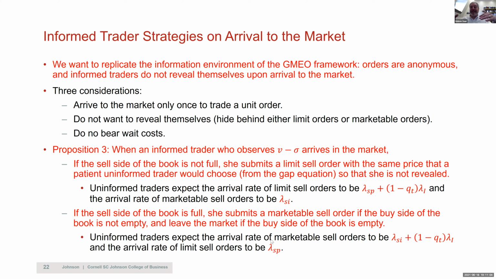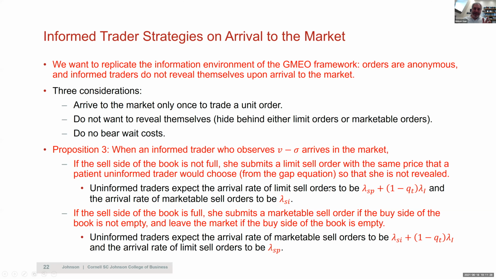So they can basically reason through the strategy of the informed traders in equilibrium and know what should be the arrival rate given the state of the book. And as Ravi said, the arrival rate will be dependent on the strategy of the informed trader and will be dependent on their beliefs, right, about the asset value.